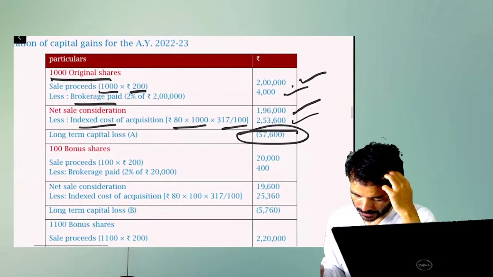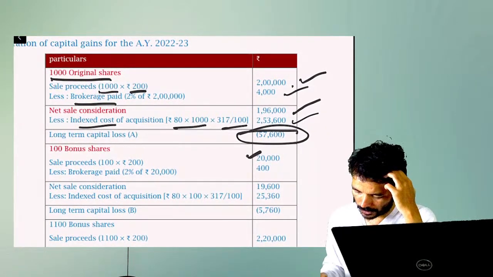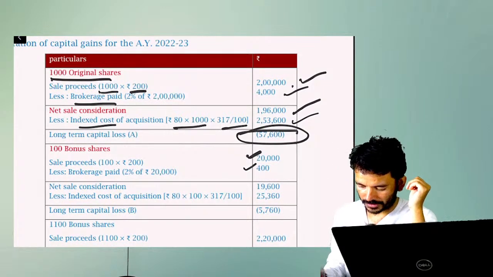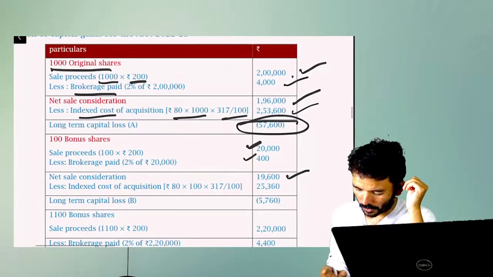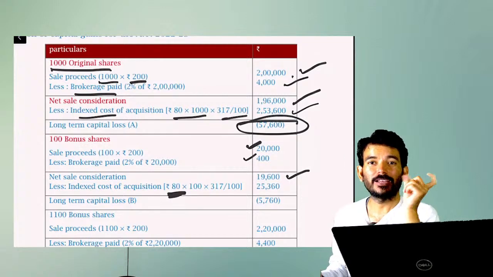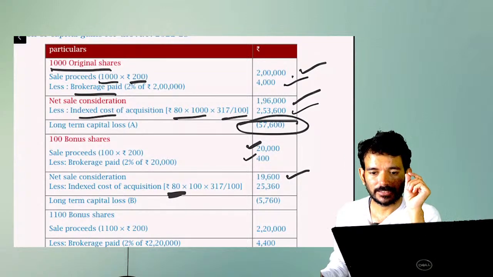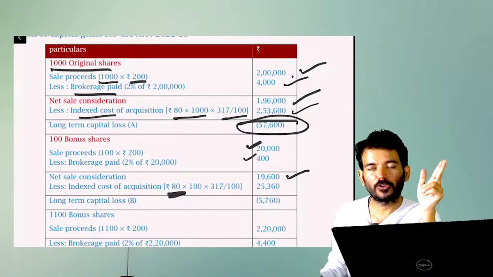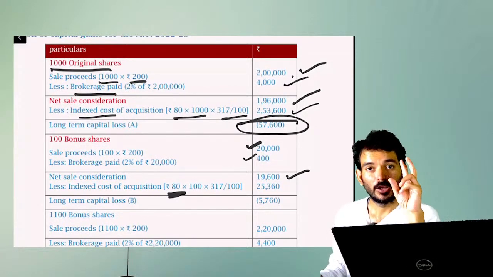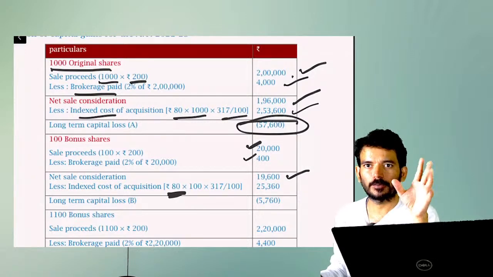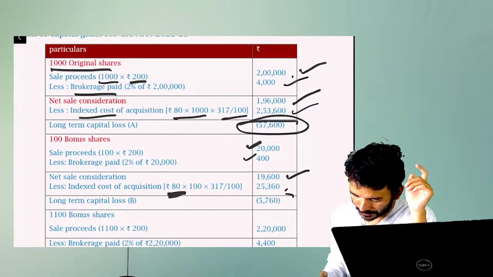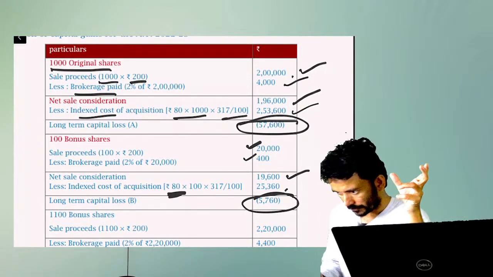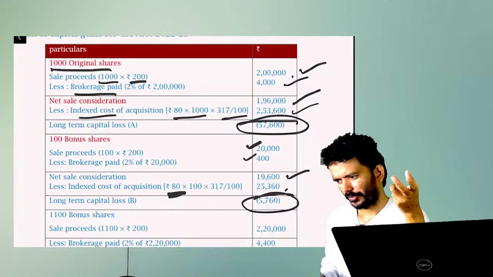Next 100, this also you sold it for 20,000 and brokerage is 2%. This is the net consideration and the cost is again 80. You might say why we are not paying 80? Because the assets are acquired before 1st April 2001. So you have an option, even though it's a bonus issue, still you have an option. So 80 will take it, and this will be your long term because the period is more than 24 months, right?